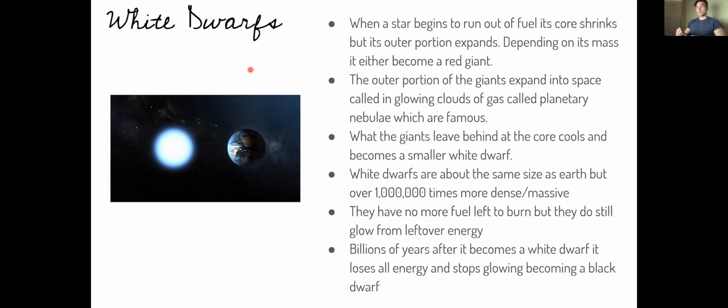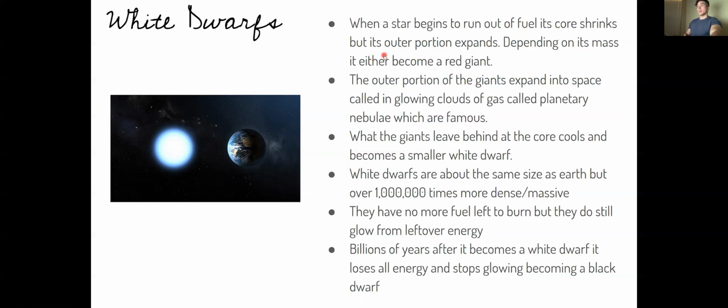So smaller to medium stars become red giants when they hit the end of their life. Giant stars, which we'll talk about in a second, become super red giants, like Super Saiyan.